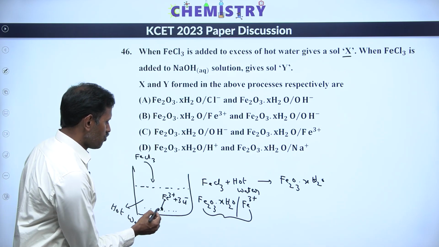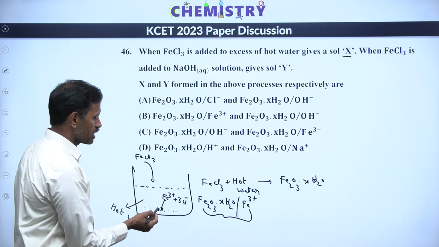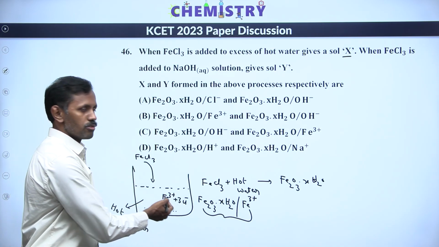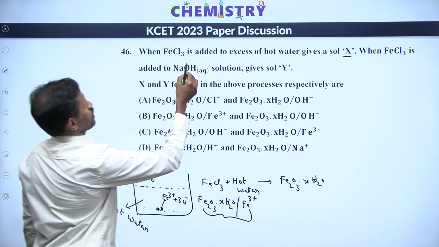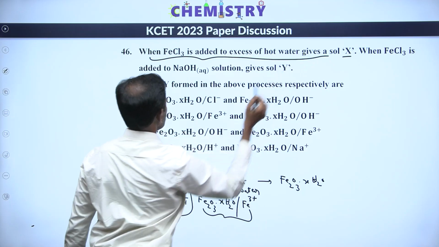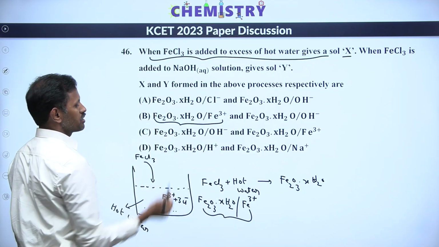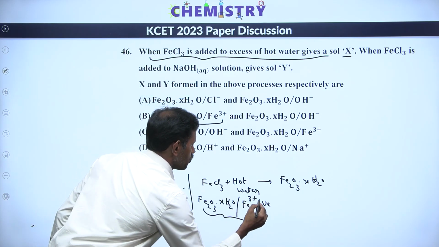That means the precipitate Fe2O3 adsorbs Fe3+ ions and becomes a colloidal solution. So, for the first part of the question it will be Fe2O3·XH2O/Fe3+, a positive colloid.